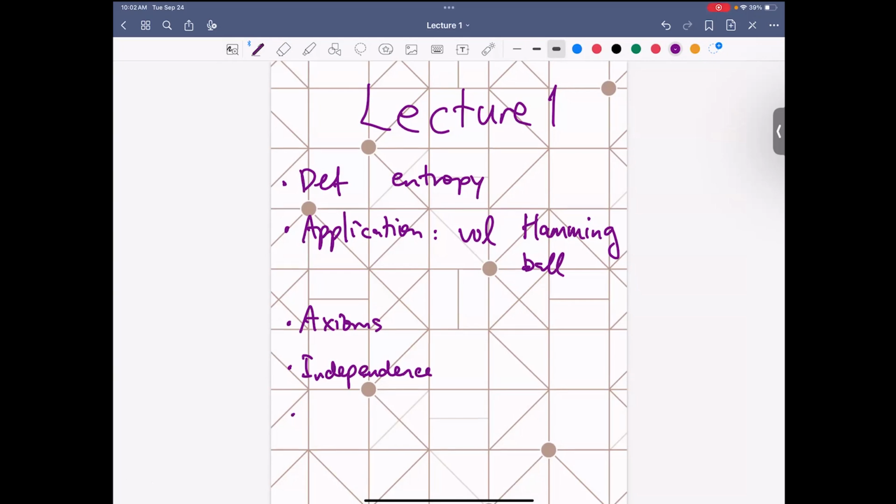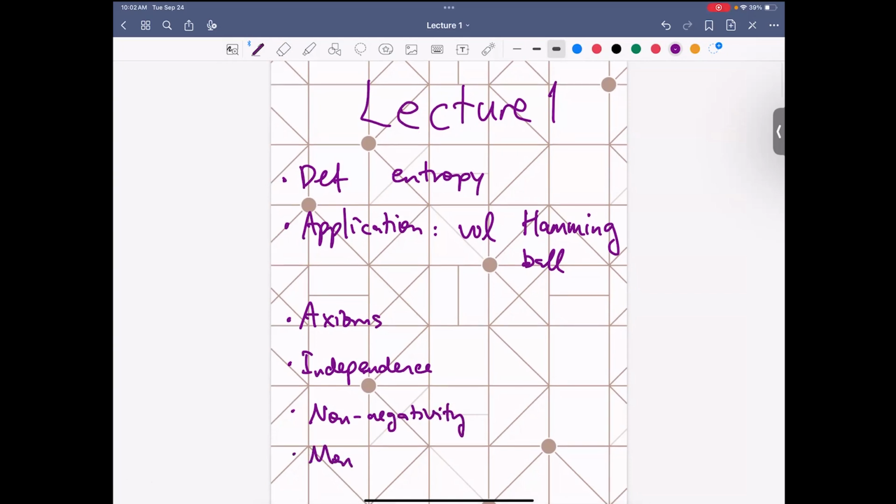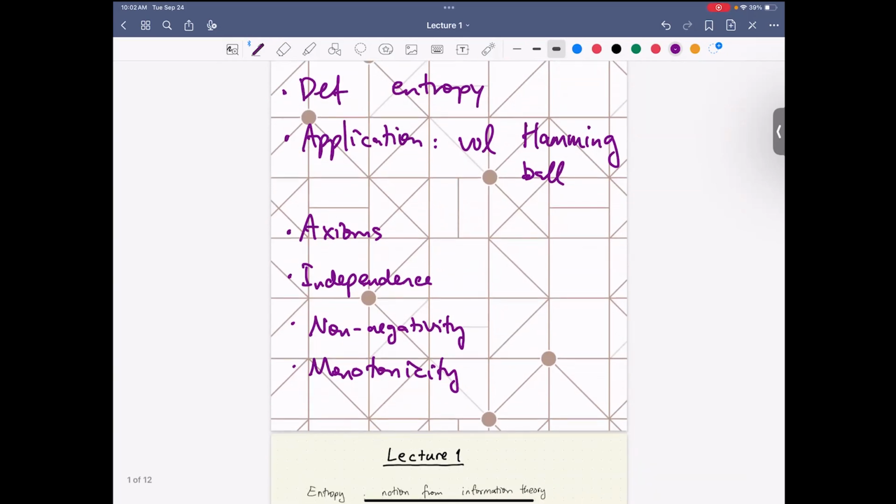And non-negativity that we just proved at the end. Monotonicity. What else? I think that's what we covered so far. Okay. Any questions?